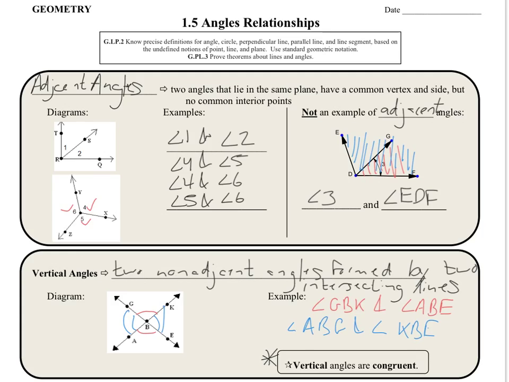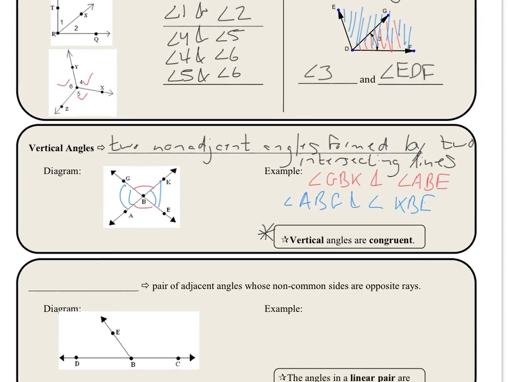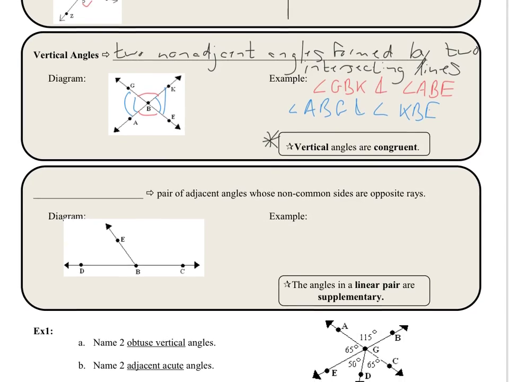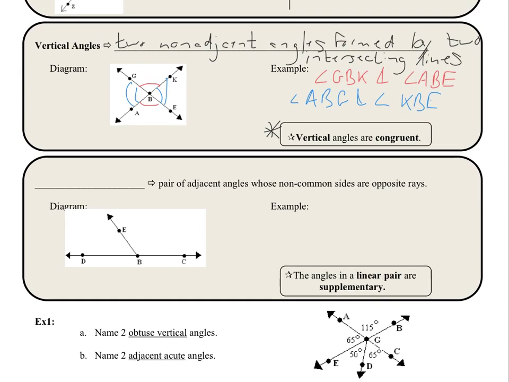Now to continue on with our notes, we are given another definition, which is stated as a pair of adjacent angles whose non-common sides are opposite rays. This definition goes to the vocab word linear pair.